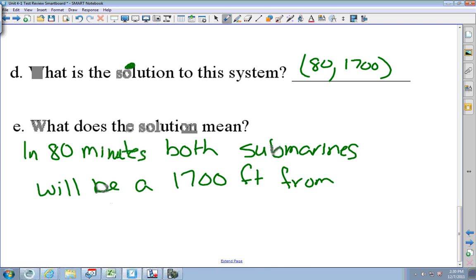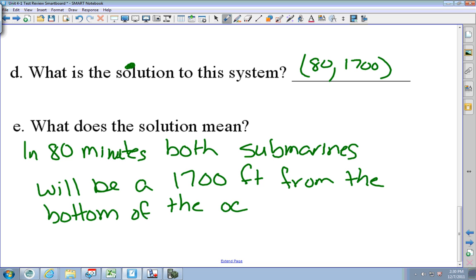From the bottom of the ocean. Make sure when you're answering this that you're putting exactly what it means, not saying that's where the two lines intersect, or saying that's where both the submarines will be at the same height at the same time. Tell what the exact numbers mean.